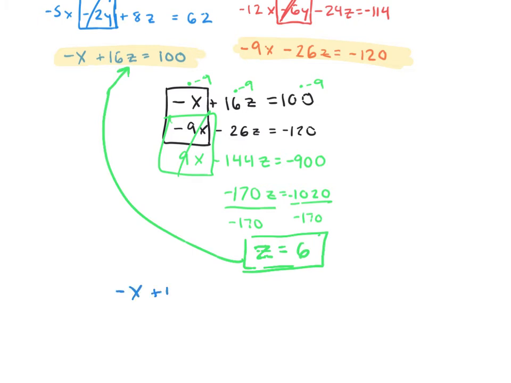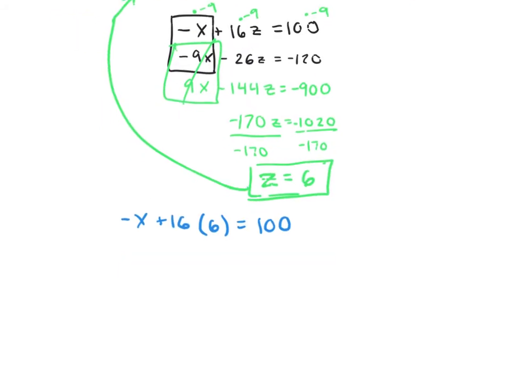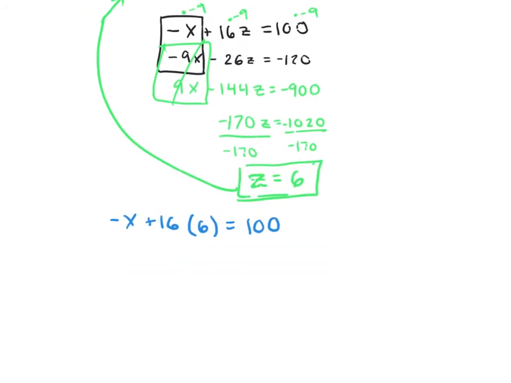So negative x plus, what's 16 times 6? 96 is equal to 100. Subtract 96 on both sides. So negative x is equal to 4.